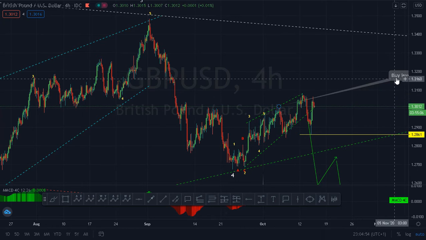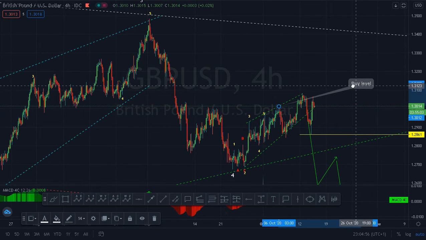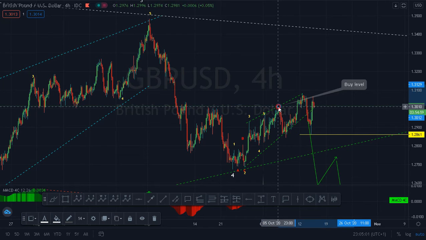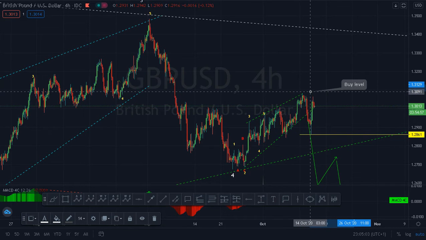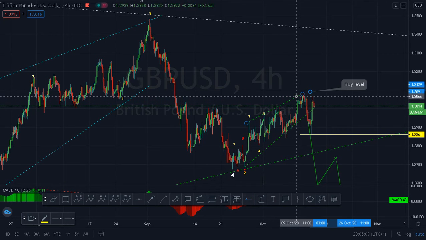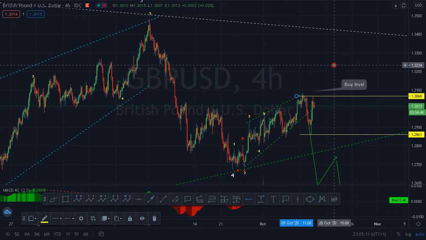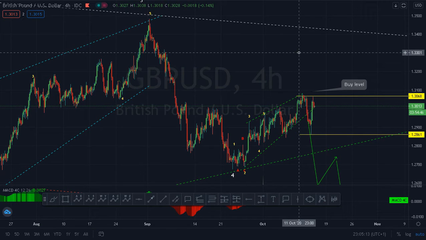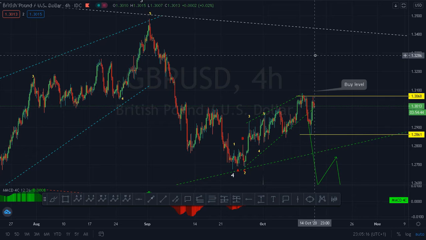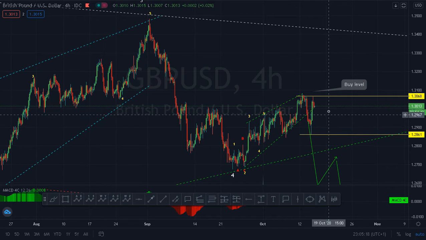So on 4 hours, see, this is a very old analysis. We said this is a buy level. So as it is now, we also keep close watch to see what happens here. One key element in success in trading is patience.